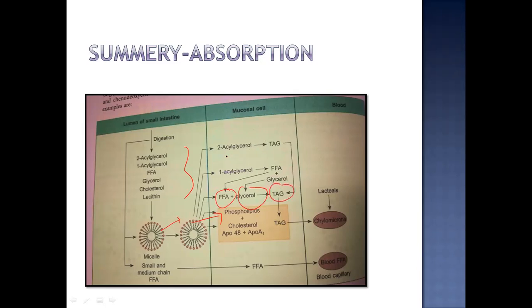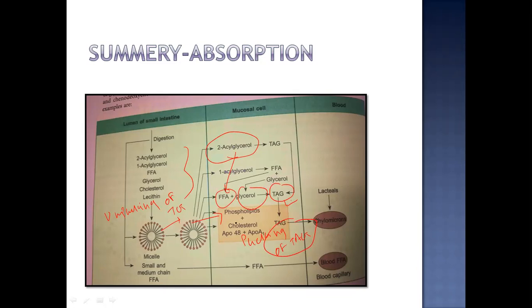Apart from this, this 2-acylglycerol will bind with free fatty acid and form triacylglycerol. So first there was unpacking of TG, and now there will once again be packing in the form of TAG.